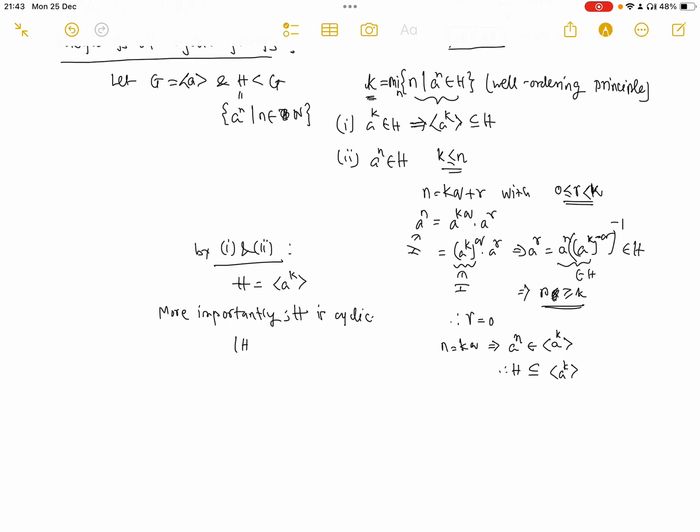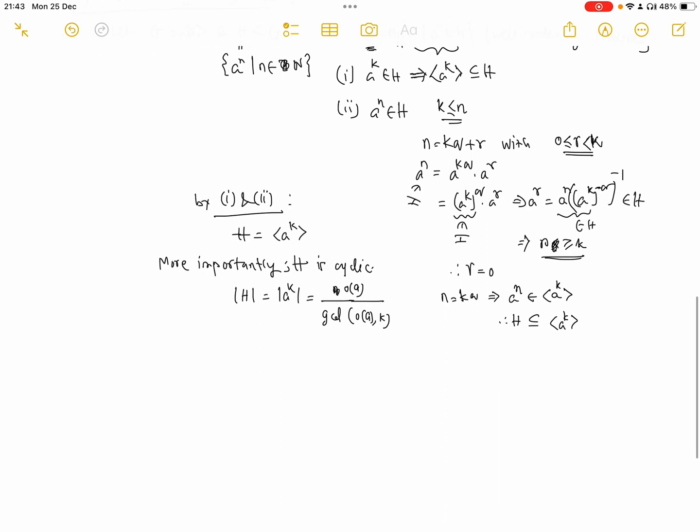And so we get that any subgroup of any cyclic group must be cyclic. And what is its order? By Lagrange's theorem, we know its order must divide the order of the group. But here you can say more, because the order of H is the order of A power k, because H is cyclic. And we have shown just before that this is the order of A divided by the GCD of the order of A and k. And this all makes sense, by the way, only for finite groups. But this result is independent of whether it is finite or not.